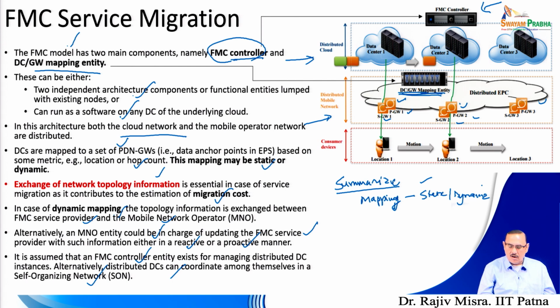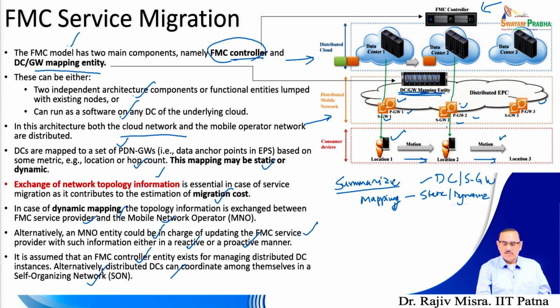So, this mapping of data center with the gateways, with the service gateway, and service gateways are now serving these customer or user equipments, and user equipments are moving here, you can see in this particular scenario.